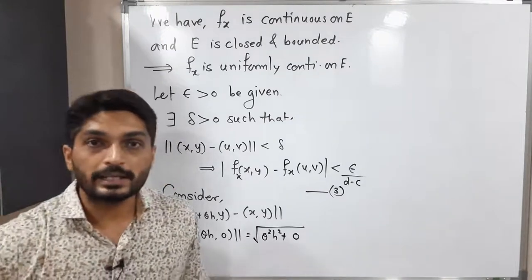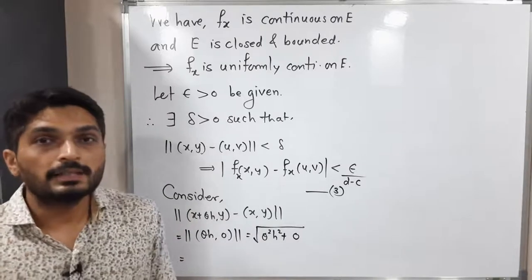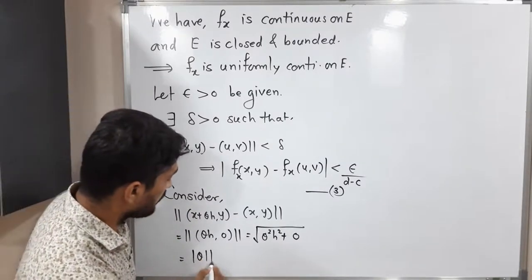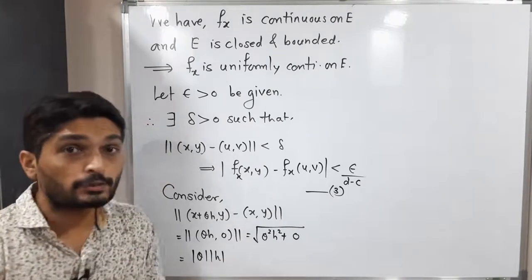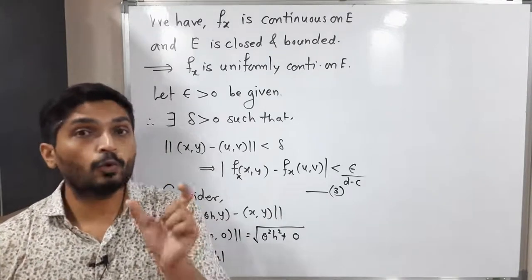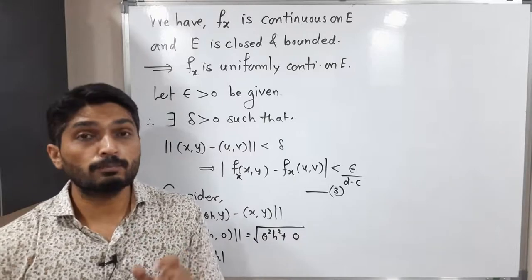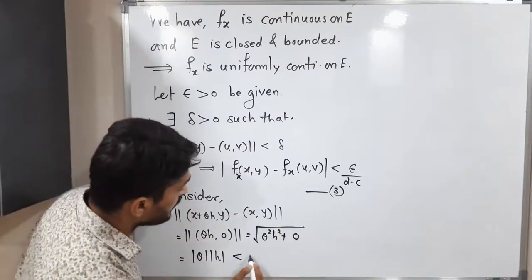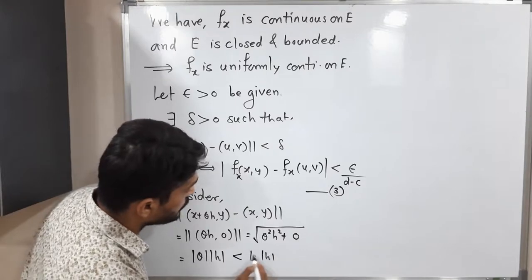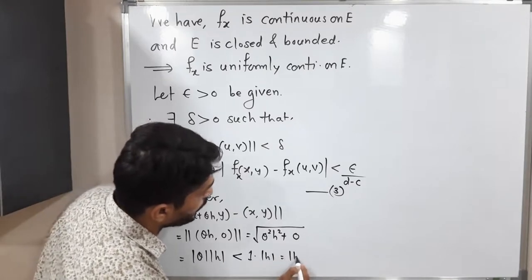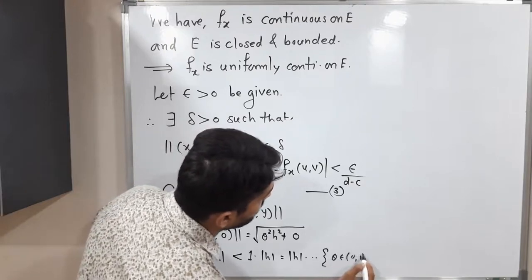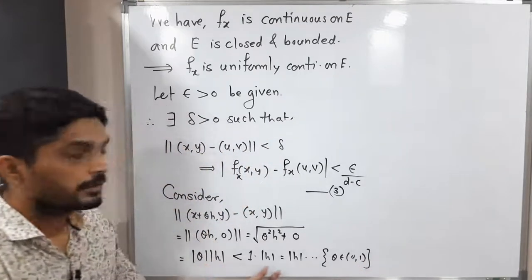Square and square root get cancelled, but I'm going to consider the positive square root, so mod theta mod h. As you know, theta belongs to the open interval (0, 1), so mod theta cannot exceed 1. So this is less than 1 into mod h, which is equal to mod h. The reason is theta belongs to the open interval (0, 1), so that's why we could write it.